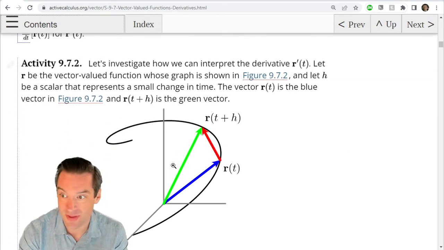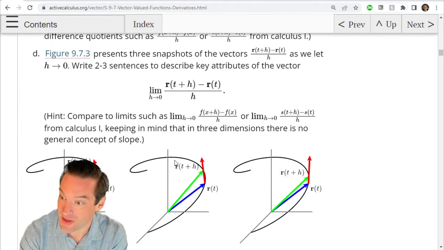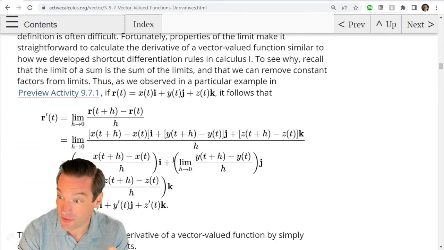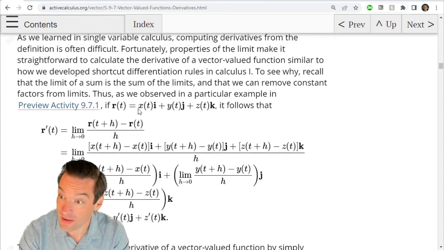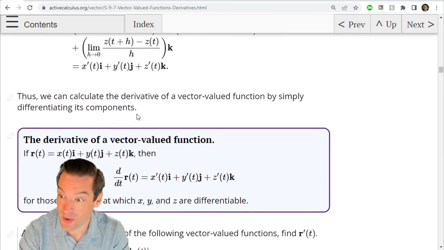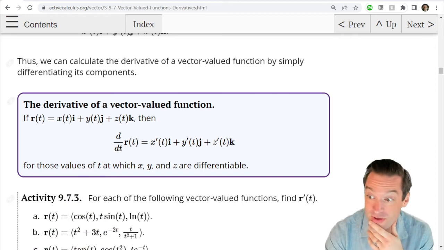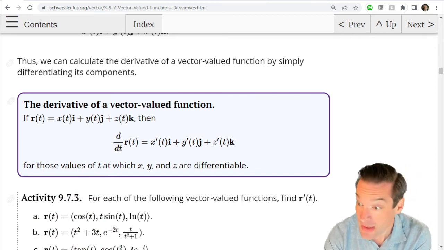That's what activity number 2 walks through, but I wanted us not to get bogged down in those details. The derivative gives us a tangent vector. And then the next section justifies why we can take derivatives component by component, treating i, j, and k as though they are constant vectors, and just using the fact that the derivative of a sum is the sum of the derivatives.